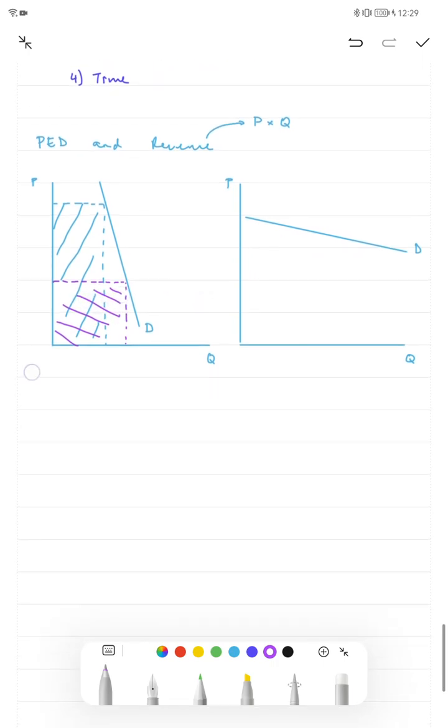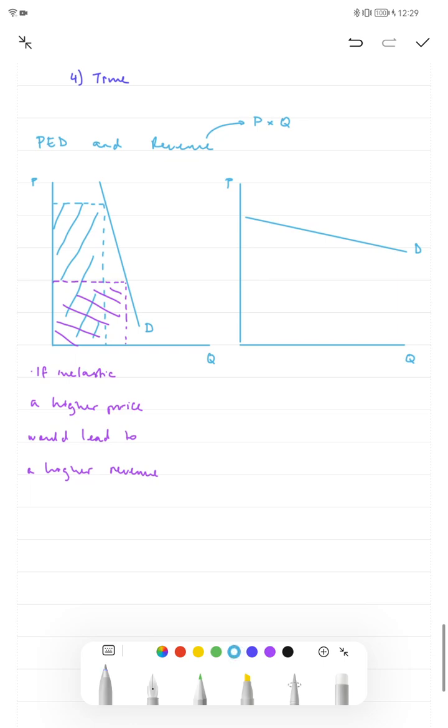So if your product is inelastic, a higher price would lead to a higher revenue.